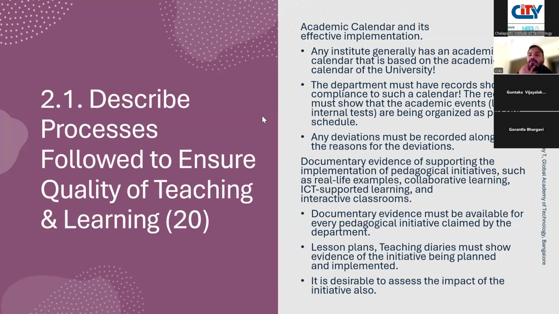So for criteria two, the academic calendar is one of the basic parameters. All institutes are going to have an academic calendar, but what you have to do is map the activities mentioned in the calendar of events to the actual activities that you are doing. Suppose you mention in the calendar of events that the continuous internal assessment is going to happen on this date.